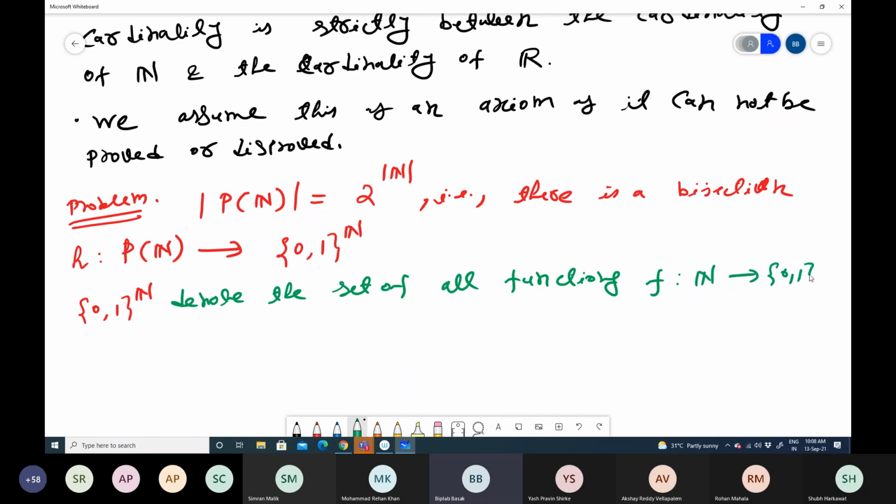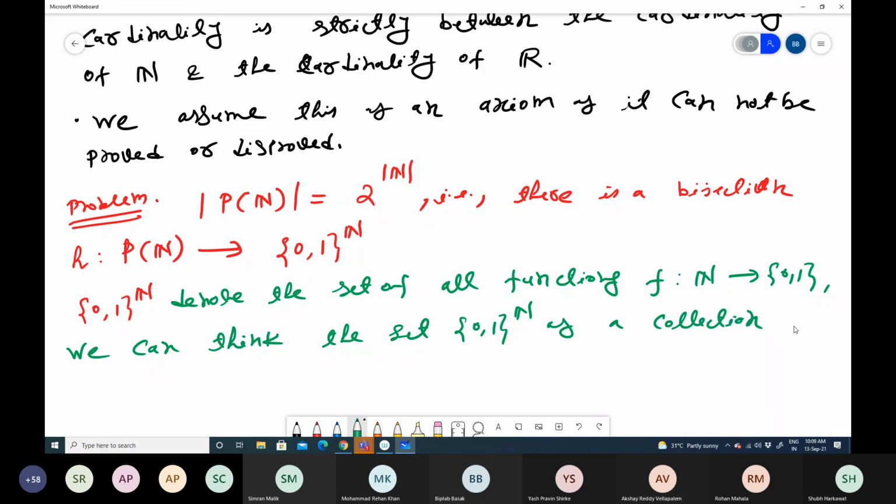Also we can think of this set as the collection of all sequences with entries 0 and 1. Both are equivalent.